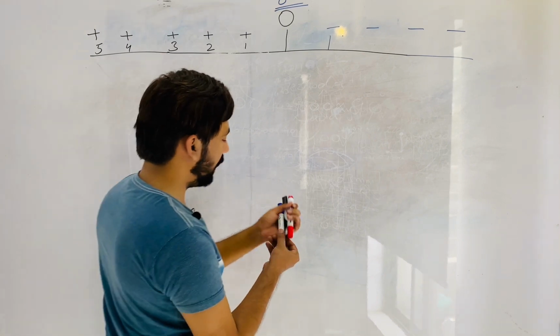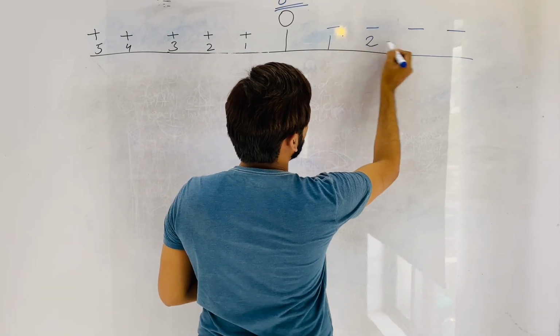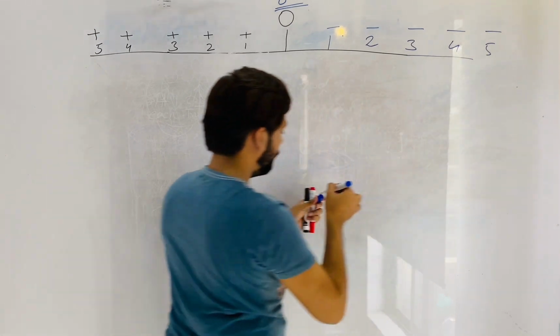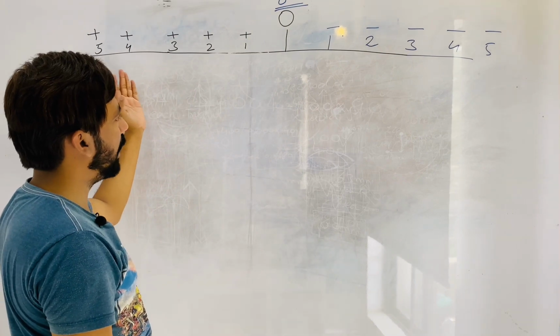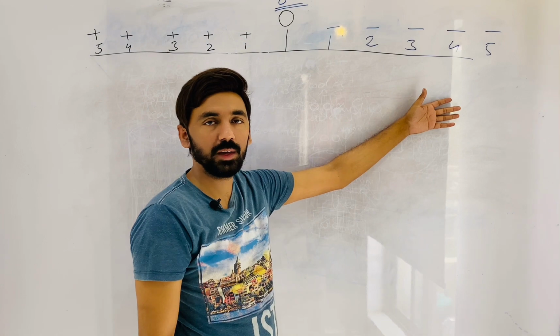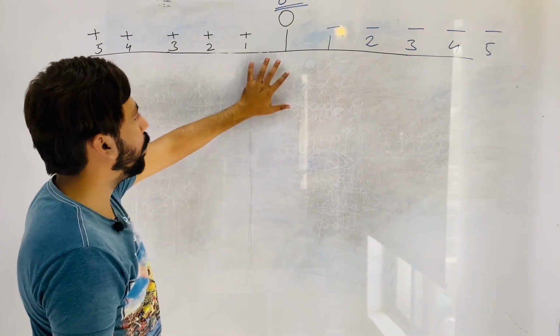And in this direction, the minus values: myopia of 1, 2, 3, 4, 5, and so on. So we have a scale starting from 0, with plus hyperopic values in one direction and minus myopic values in the other.